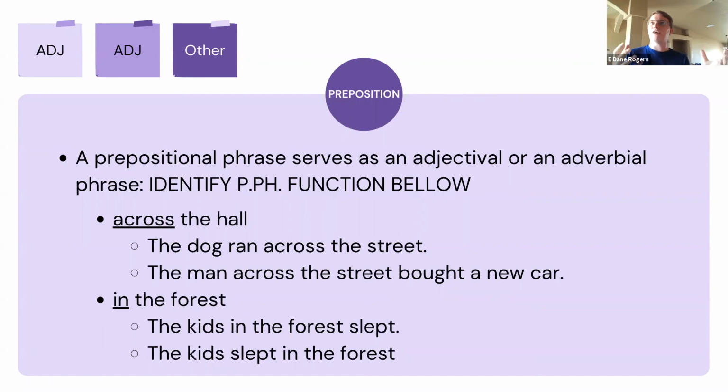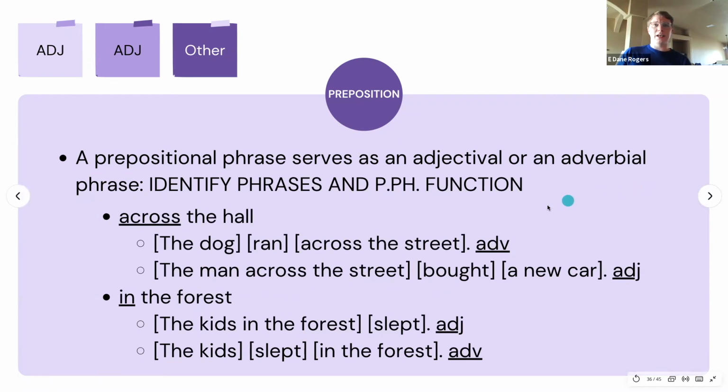Whereas if I have a party and they all go to the woods together, I say the kids slept in the forest. So there's a lot of contextual information that changes based on what I choose to modify, whether I'm focused on the kids and restricting that noun down to a group, or if I'm focused on the verb and restricting that down to time and location.